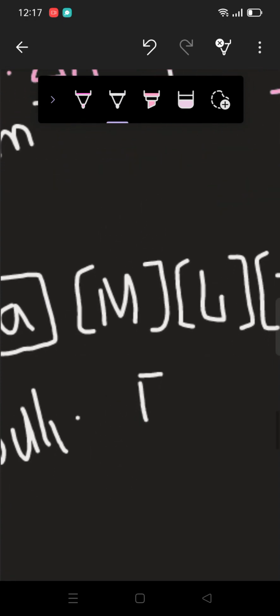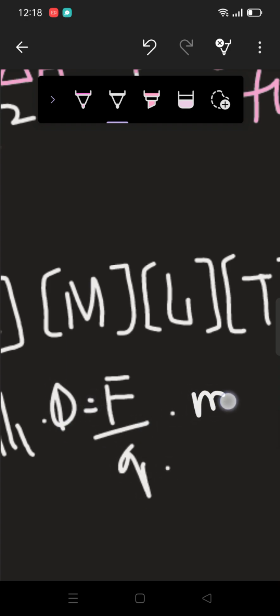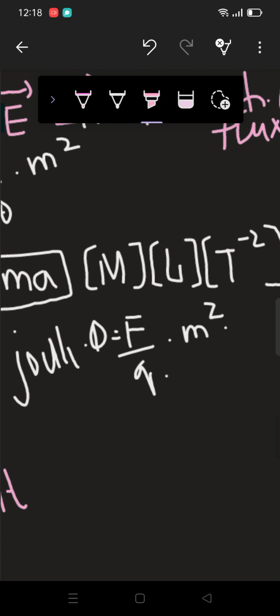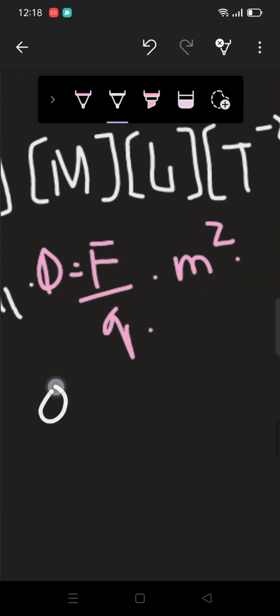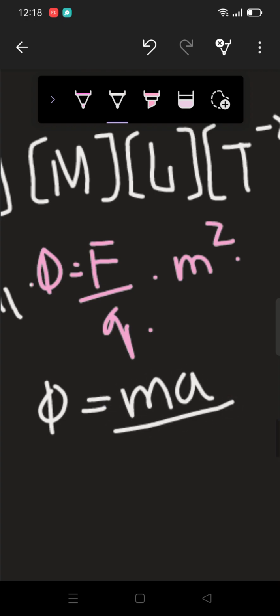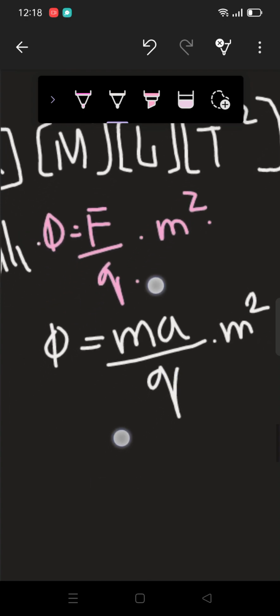Alright, so we know that phi is equal to force per unit charge into meter square. And force is equal to m into a upon q, into meter square.